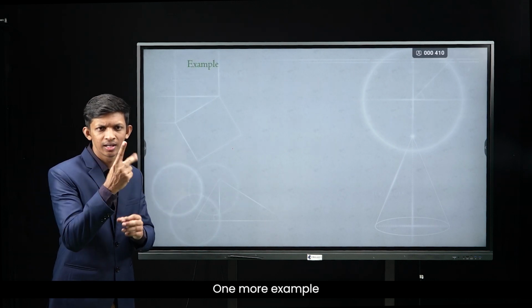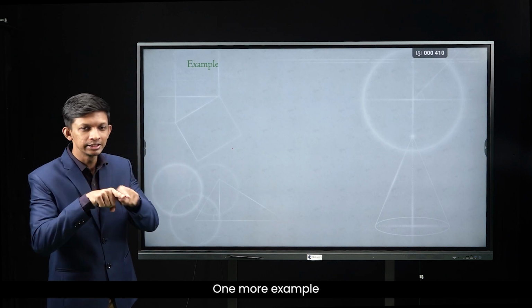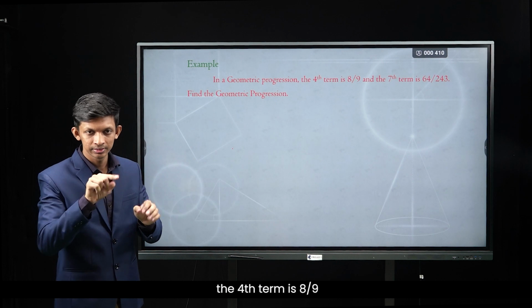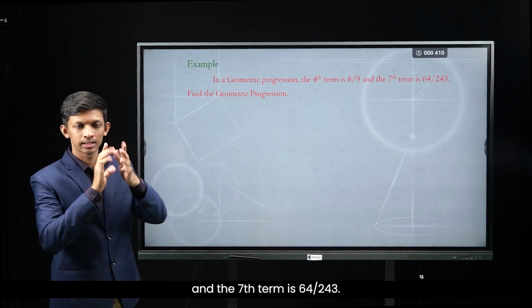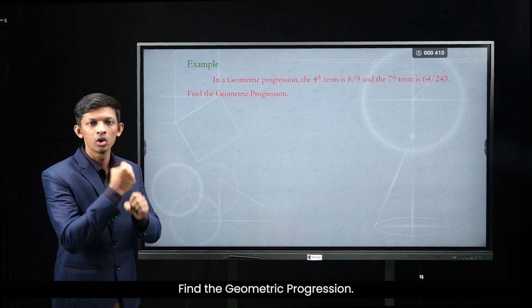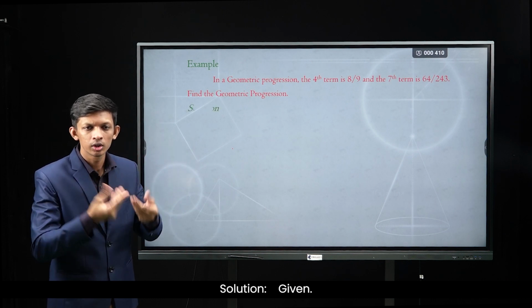Let us see one more example. In a geometric progression, the fourth term is 8 by 9 and the seventh term is 64 by 243. Find the geometric progression. Solution.